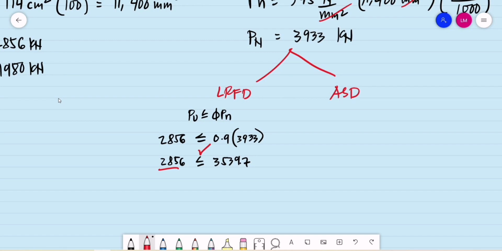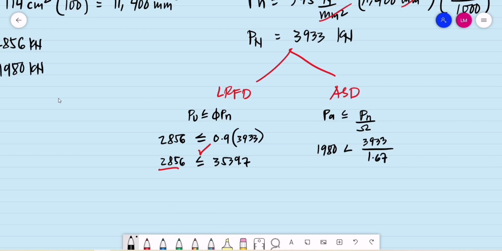Well, for the case of ASD, we have P allowable is less than or equal to the nominal strength divided by the factor of safety. So we have the allowable is 1,980 kilonewtons. Is it less than 3,933 divided by omega for tension, which is 1.67?